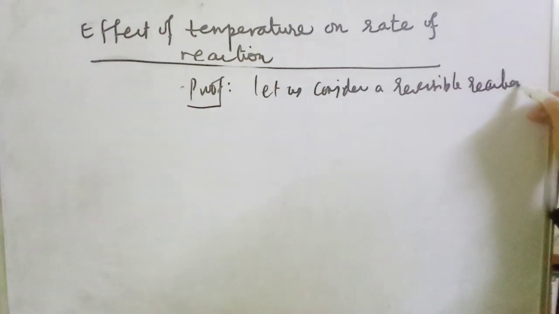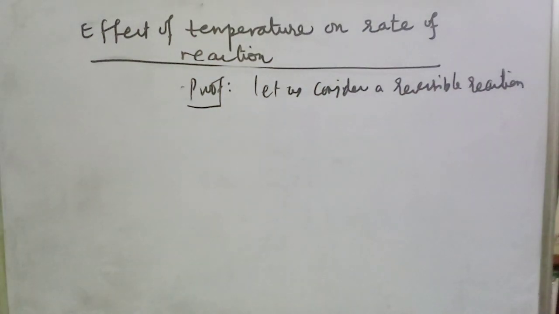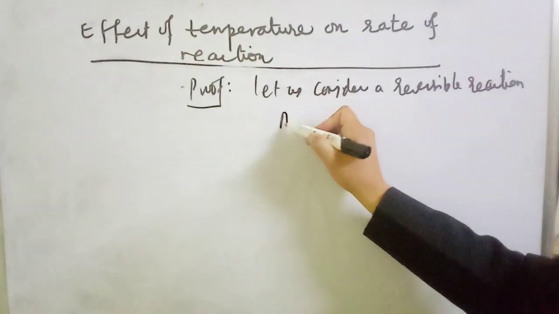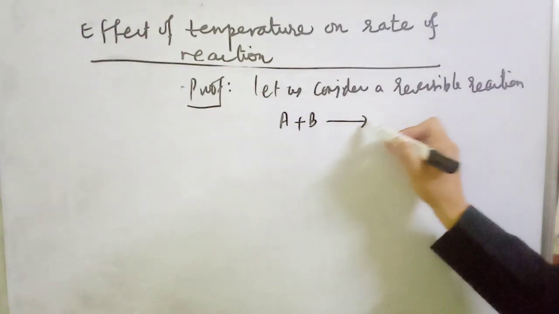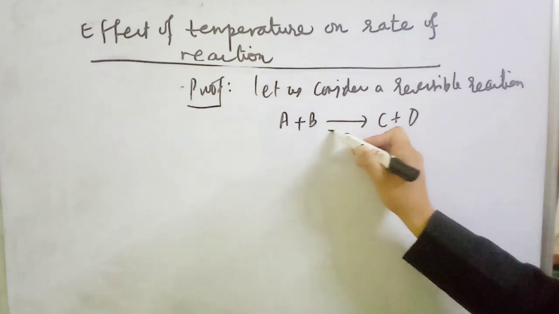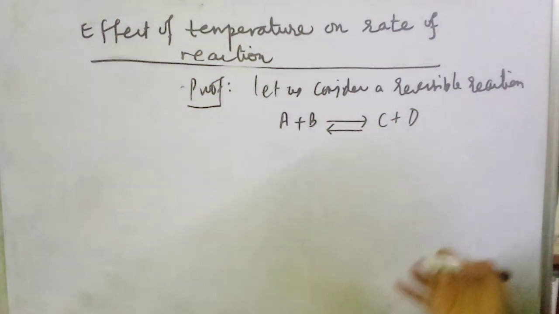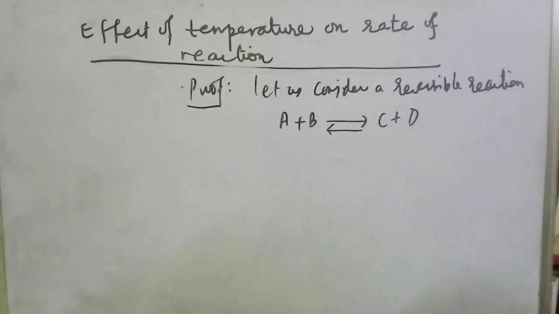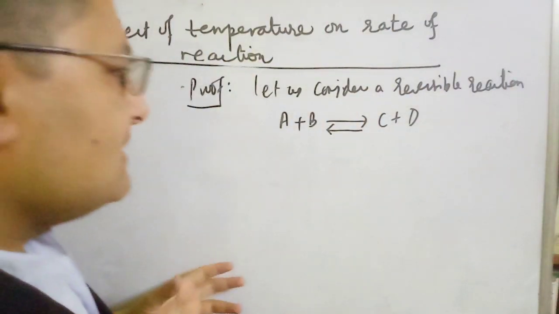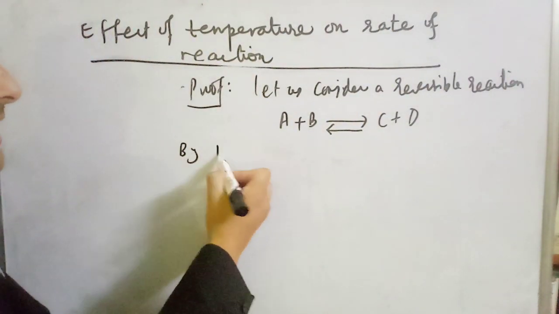Whatever reaction you can take, I can just write A + B gives C + D, and C + D gives A + B, and that is in equilibrium. So this is a reversible reaction in equilibrium. If we have taken this kind of reaction, then we can easily write it by applying the law of mass action.